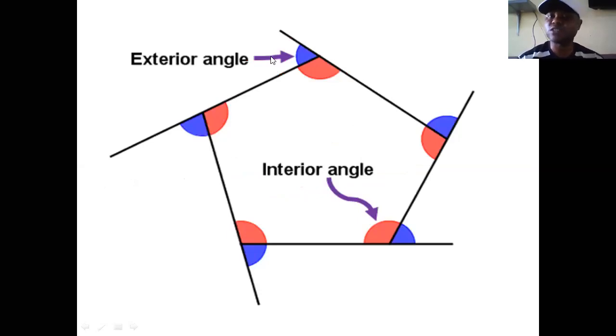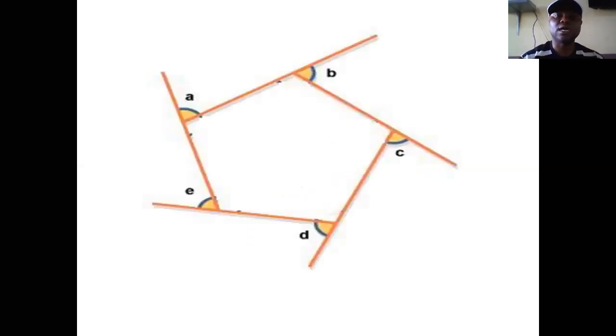So what is the sum of the exterior angles of any regular convex polygon? Remember, to get the exterior angle of a polygon, you need to extend the vertex, draw a straight line like this, and then you have the exterior.